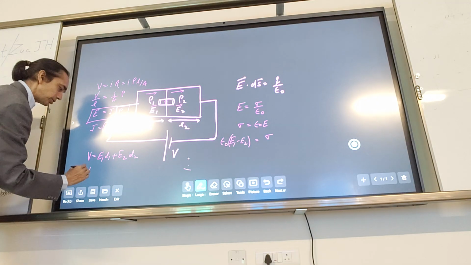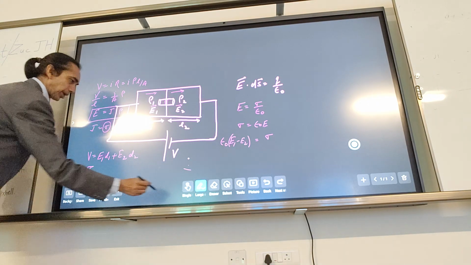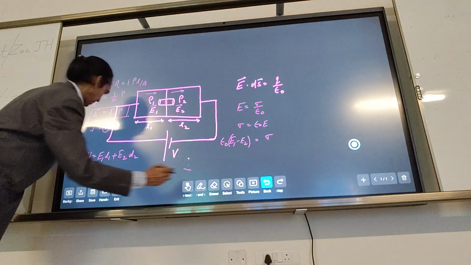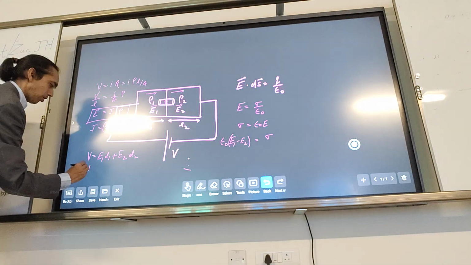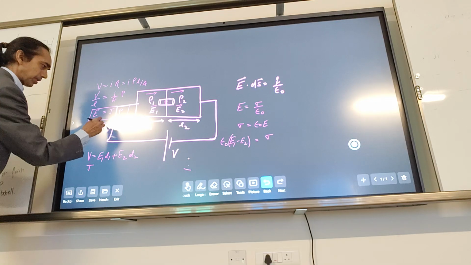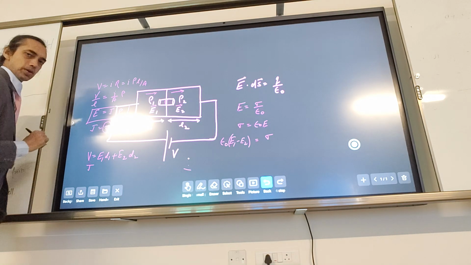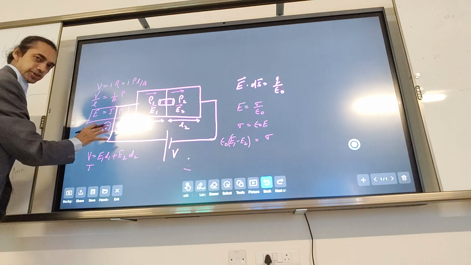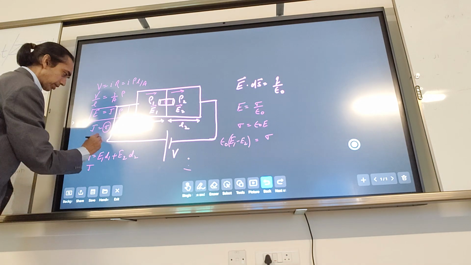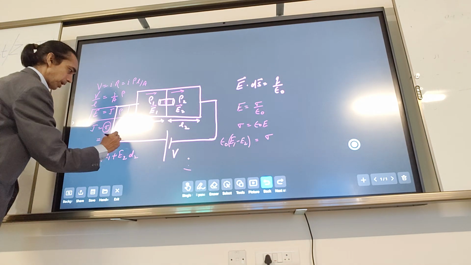From here, J by sigma, you can write J as E by rho.